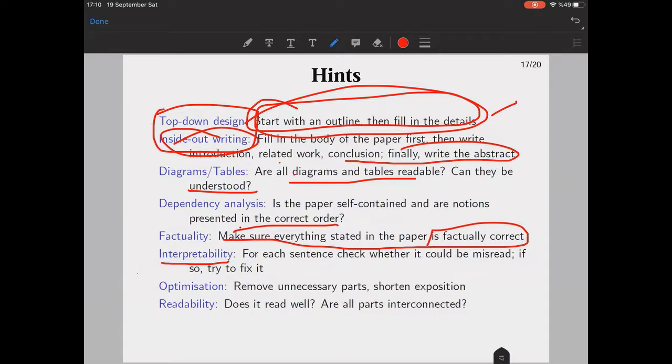If so, try to fix it, especially when you're writing a paper in a language other than your native language. There could be many misinterpretations. It's normal. I can also suggest you ask a native speaker. For example, if I'm writing in English, I may kindly ask a native English speaker among my friends to read the paper, just to have an idea.